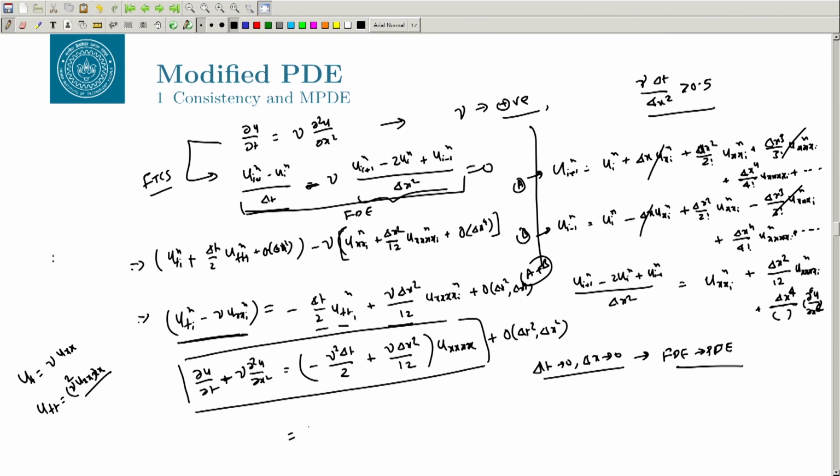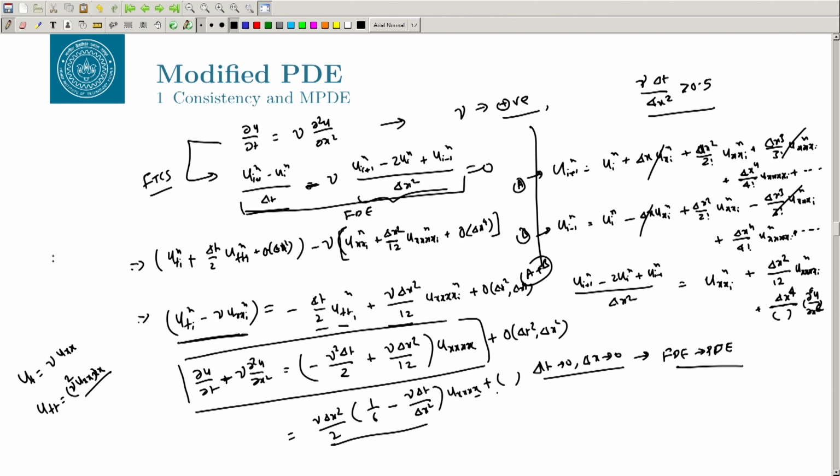What I am going to do is take this nu delta x square outside, and maybe take 2 also. So, that will become 1 by 6 minus nu delta t by delta x square. Please take care that the signs are proper, okay.